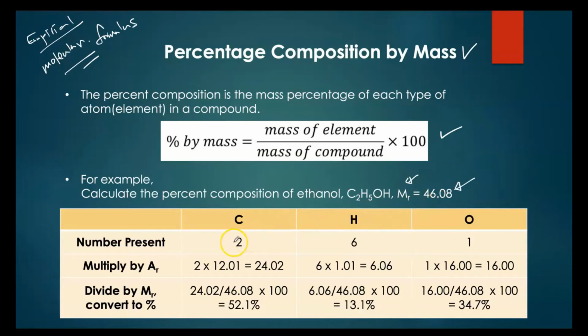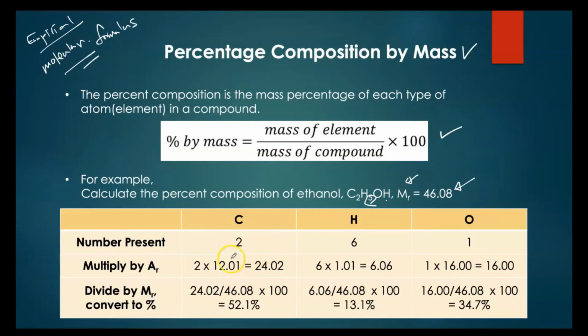So to calculate the percentage composition by mass, we first have to figure out the number of each atom presented in this compound. So there's 2 carbon, 5 hydrogens, and 1 oxygen and 1 hydrogen. So we have total 6 hydrogens and 1 oxygen.